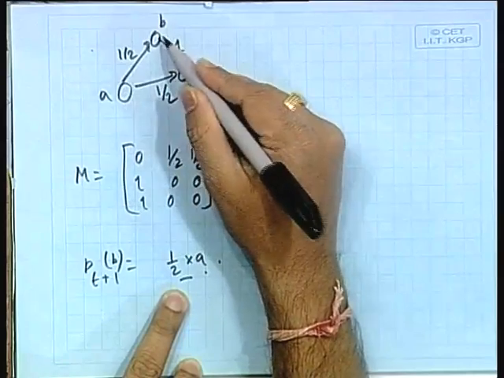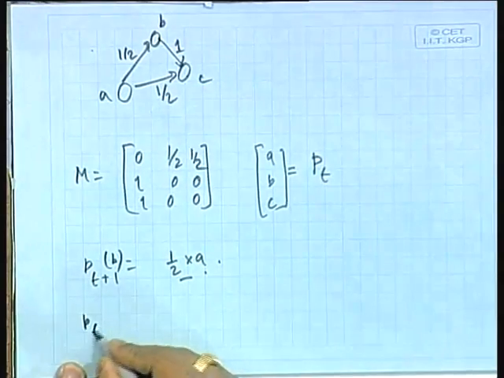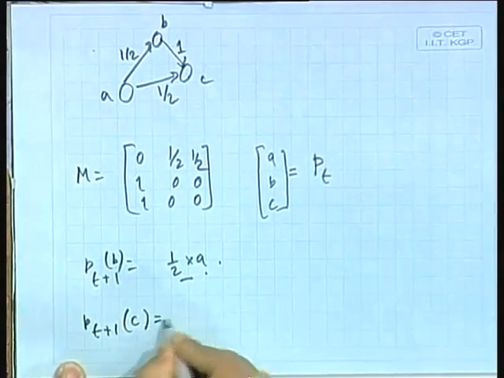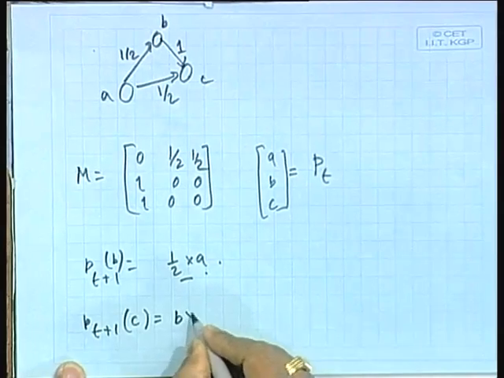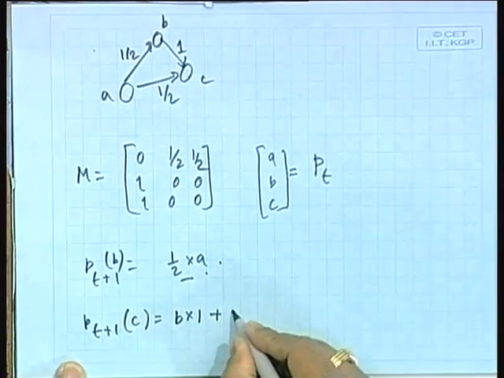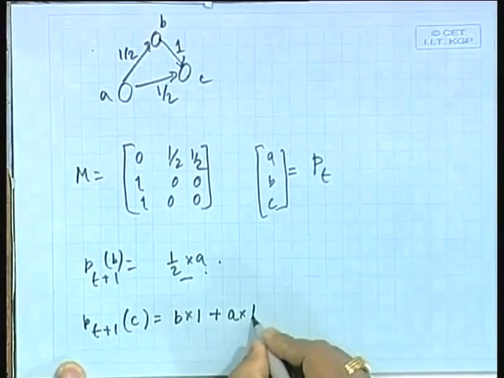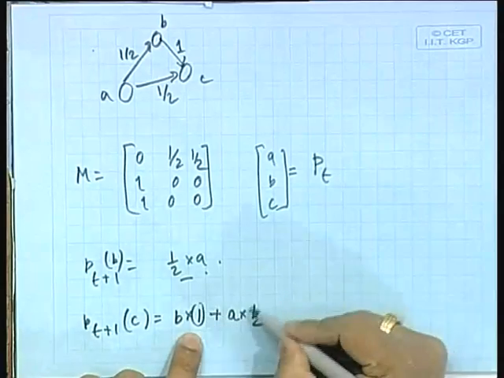You could come from A. So in case of C, what would be Pt plus 1 for C? It will be B into 1 plus A into half.